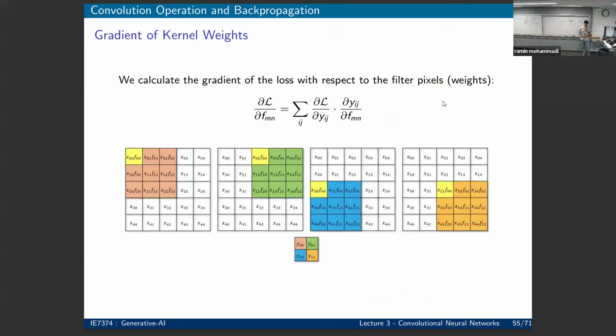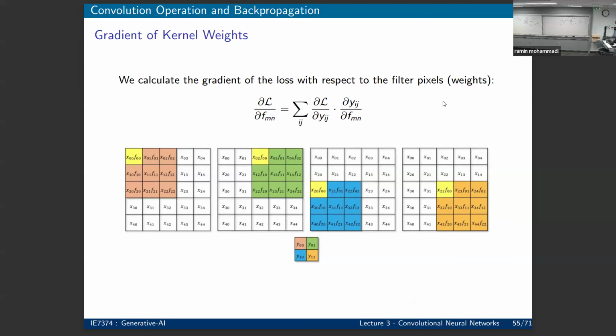Now, let's look at the weights, or the kernels. Because the kernel strides over, every weight in the kernel participates in multiple locations. Let's say we are interested in F00, the first weight of the kernel, and we stride with a stride of 2. First time you are here, then you go here. So F00 is here, F00 is here, then you go down, F00 is here, and F00 is here. It's the same story.